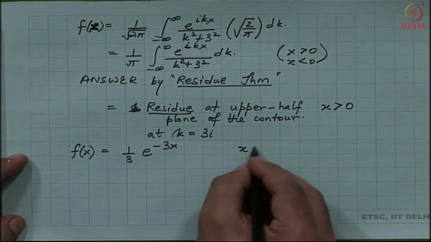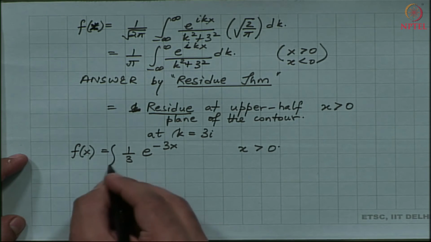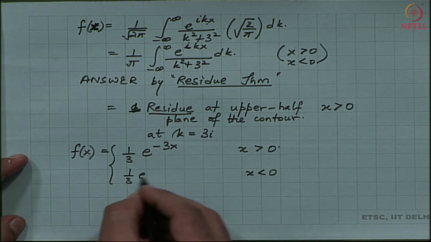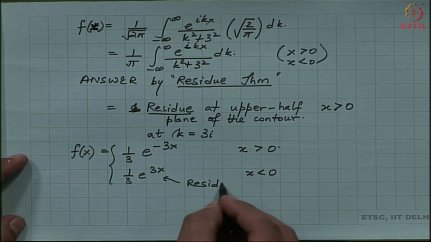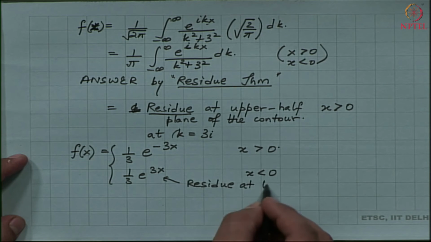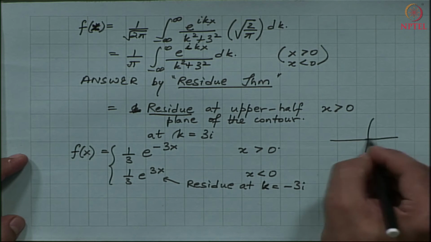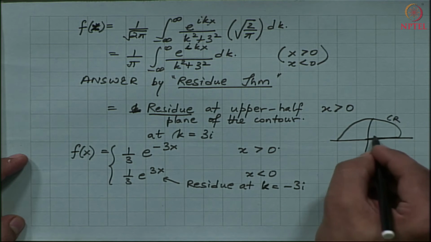So, this is for x positive, and similarly I can find for x negative, this is 1 by 3 e to the power 3x. Again, this will be by evaluating the residue at the other root, k equal to negative 3i, because the contour will lie, I am talking about the contour CR.